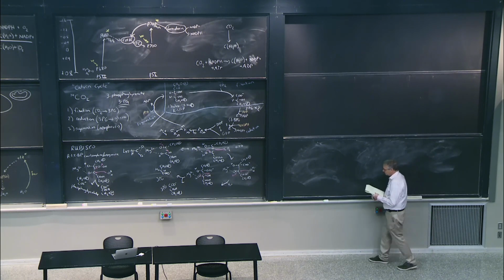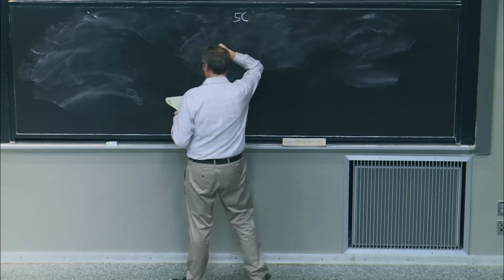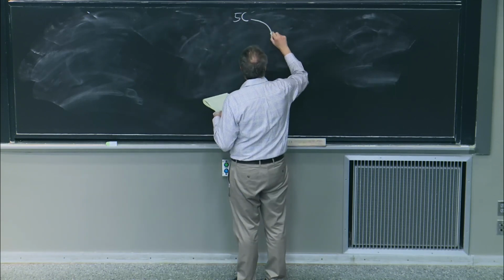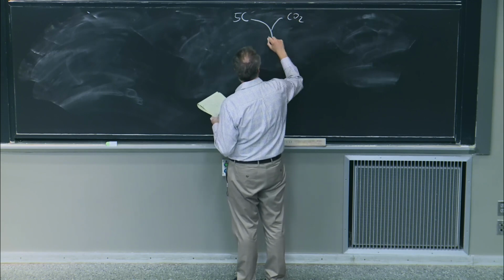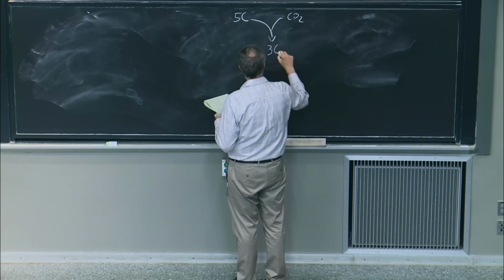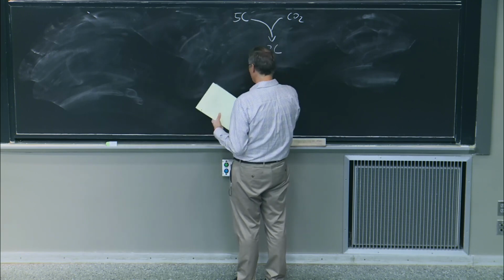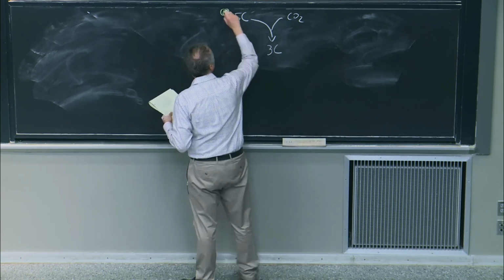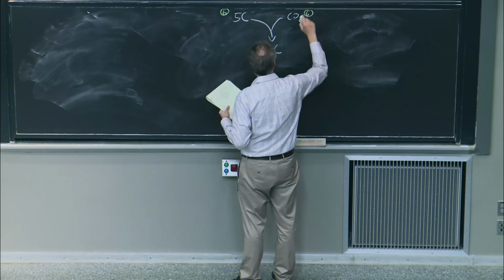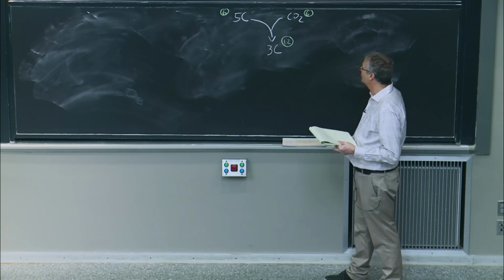All right, so basically, if we're going to start with 5 carbons, and we're going to add CO2, what's that going to generate? Well, we're going to generate, by the RuBisCO reaction, 3-carbon units. All right, so if I start with 6 of these and 6 of these, I can generate 12 3-carbon units.